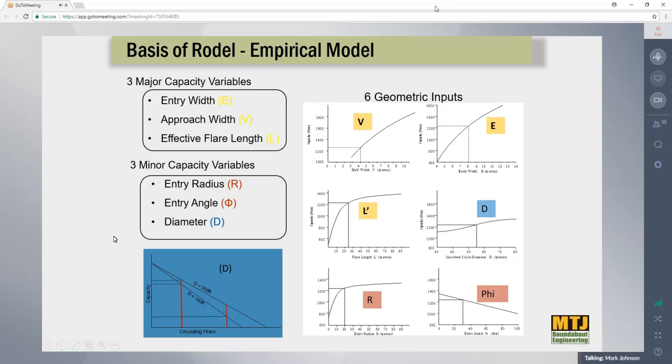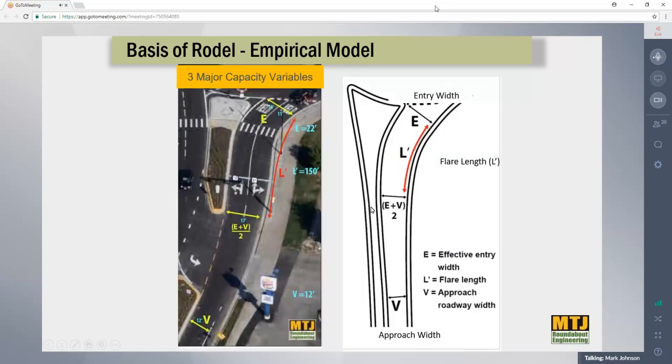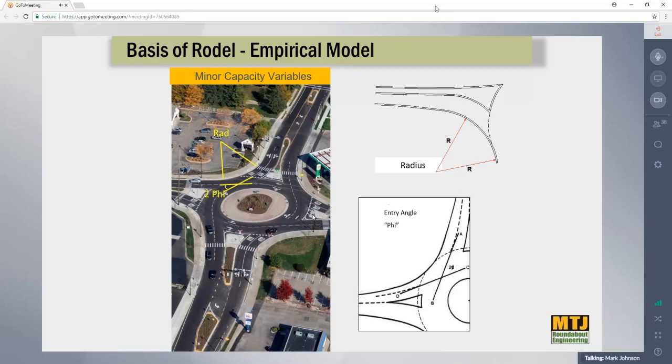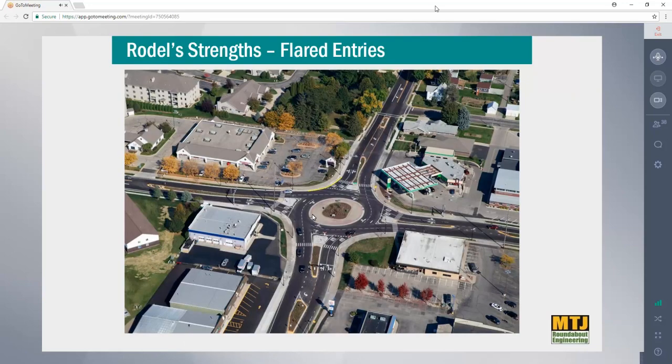And diameter only has effects in higher circulating flow conditions, so it's not particularly that sensitive in many cases. So there's the flared entry design again that we saw earlier in the variables.